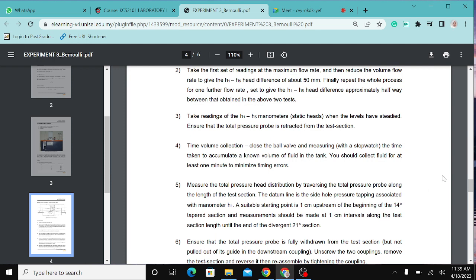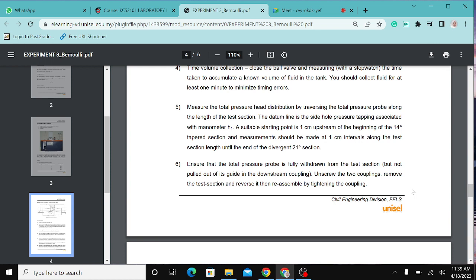When the levels have steadied, make sure the total pressure probe is retracted from the test section. Then time the volume collection: close the ball valve and measure with a stopwatch the accumulated volume of fluid in the tank. Then measure the total pressure head distribution by traversing the total pressure probe along the length of the test section.